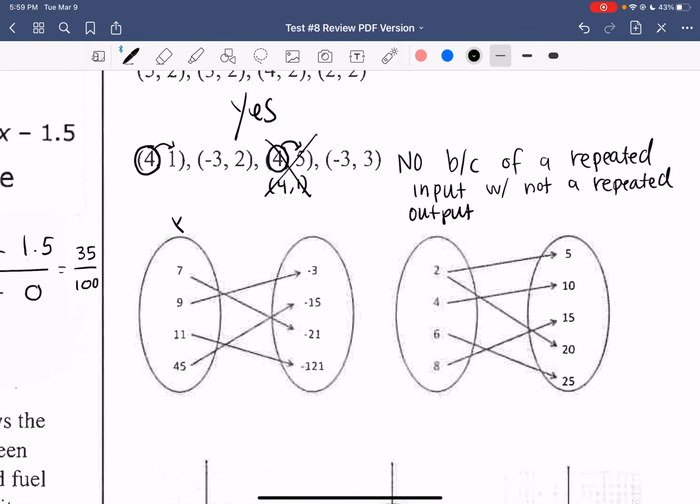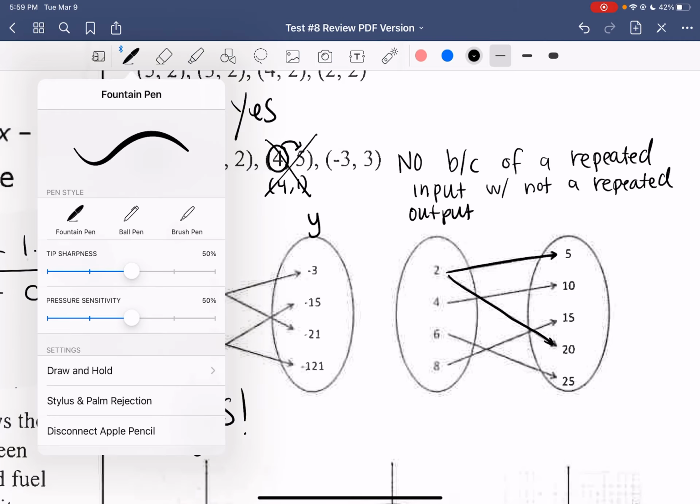Okay. Let's look at this one. So we have our x values and our y values. So here we have an input of 7 to -21, 9 to -3, 11 to 121, and 45 to 15. So we have all different inputs and each related to one output. So we have a yes here. This next one here, we have a 2 that is an input with an output of 5. And then we have a 2 with a different output of 20.